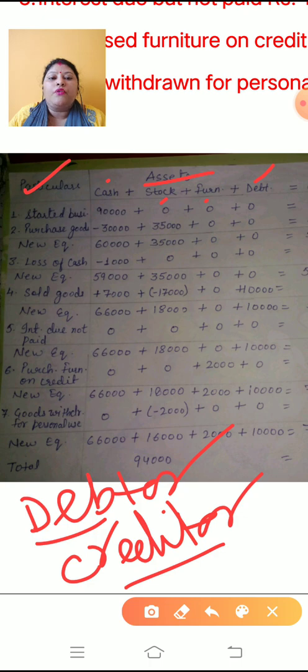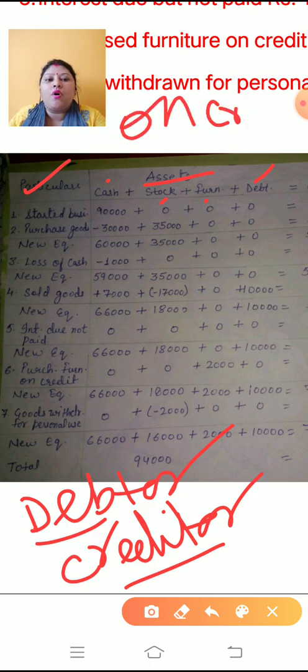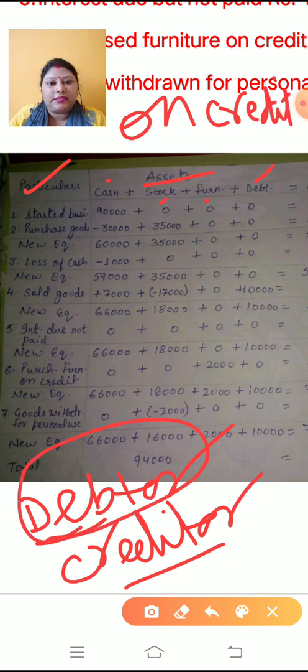So children, when we are selling the goods, selling anything, selling the furniture, selling a fixed asset or anything, selling on credit, remember this thing also, on credit, then you have to make the debtor column on the asset side.